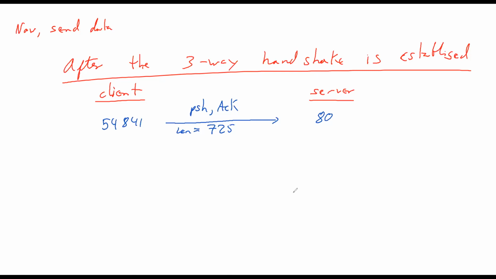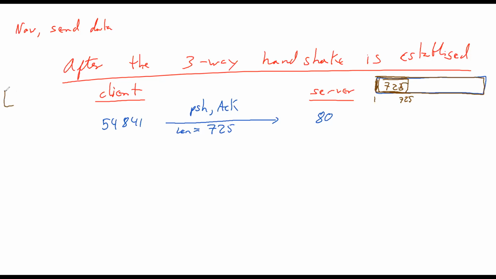In the buffer of the server, you were at 1, but now you've added 725, so you're really at 1,725. That's what you have filled in on this side.